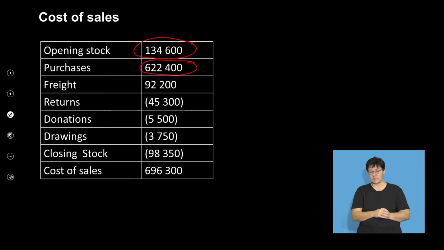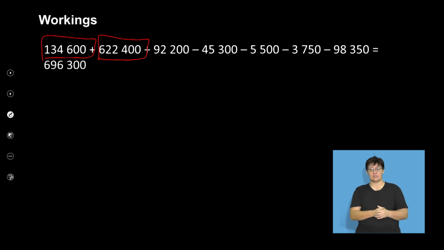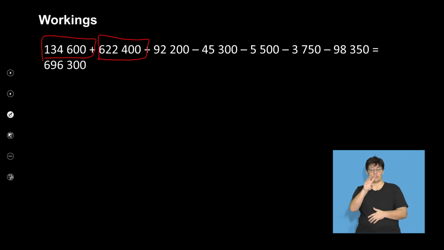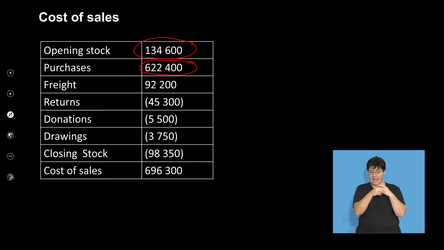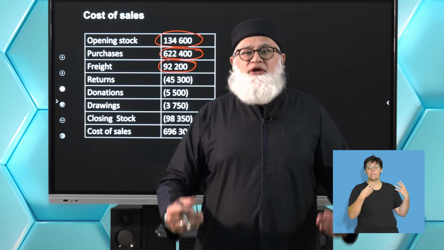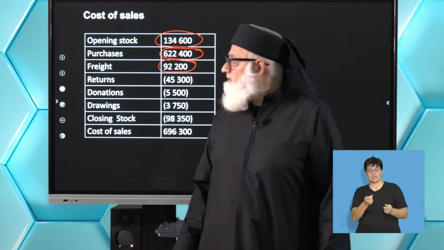Right. If we take the next item, so we've dealt with that one, transport costs paid by EFT 92,200. In my calculation, I'm going to add my 92,200. In my table, I'm going to bring in the freight, because that's the cost that I incurred in bringing the merchandise from the point of purchase to the point of sale at my business, in other words, where I'm going to be selling the goods.